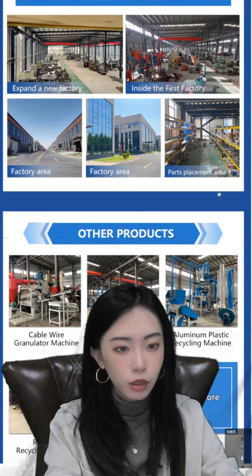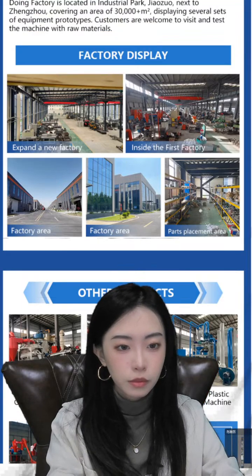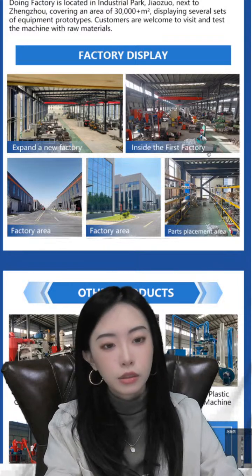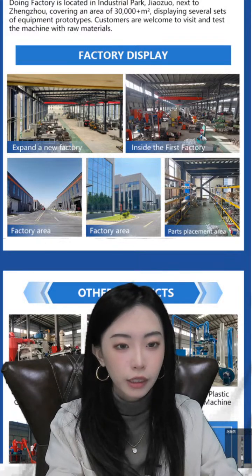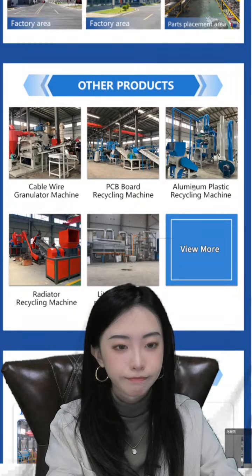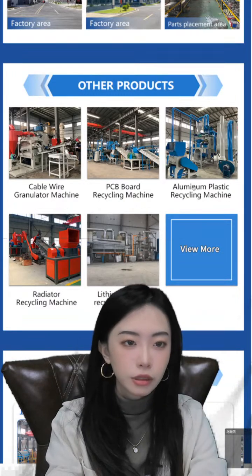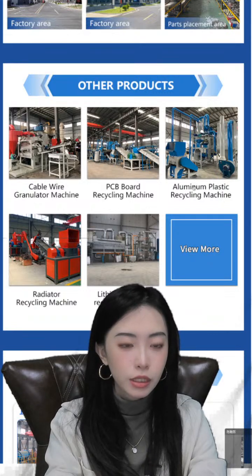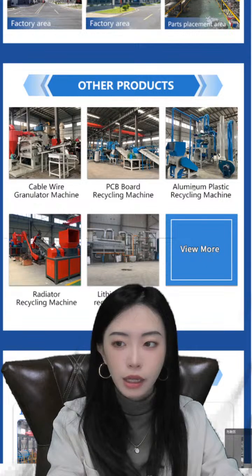If you come to our factory, the first site you will see is this, and then you will come to the first factory inside to see how we build our carbonization furnace. We also have other products like PCB board, aluminium plastic, and lithium battery equipment.